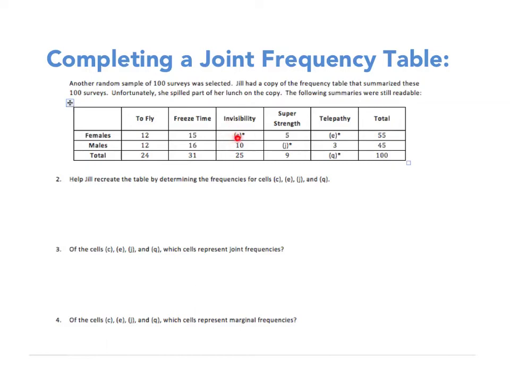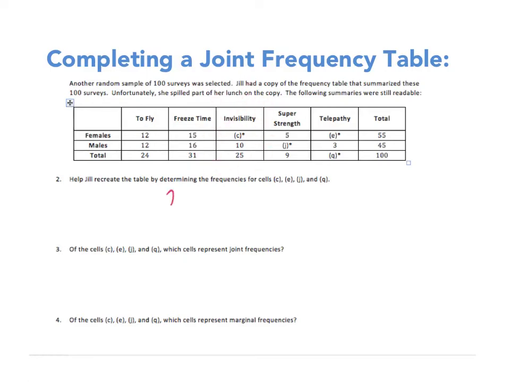So let's start with C. What we can do is look at the total. So the total of this column should be 25. The total of this row should be 55, but we're missing two pieces of data there, so it's going to be difficult for us to find out what either C or E is before finding one of them. But since there's only one missing here, I can work with this column.